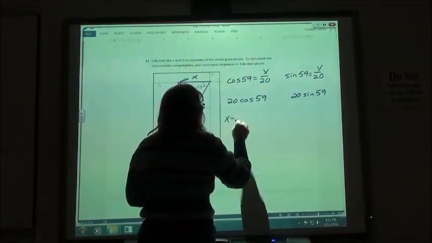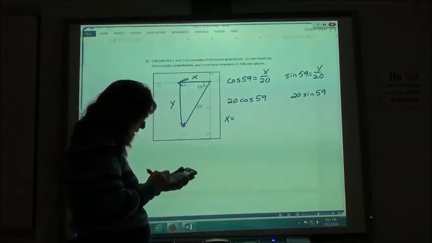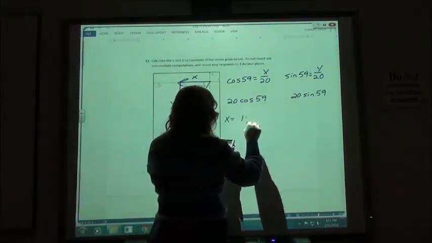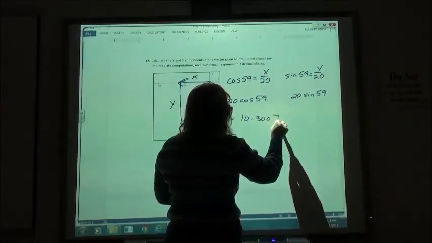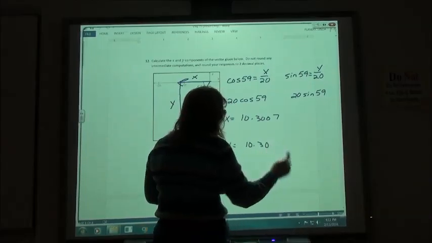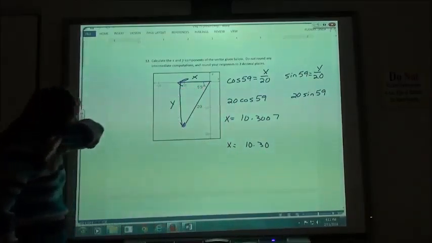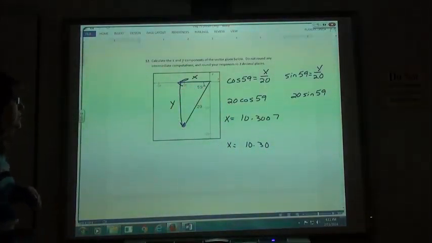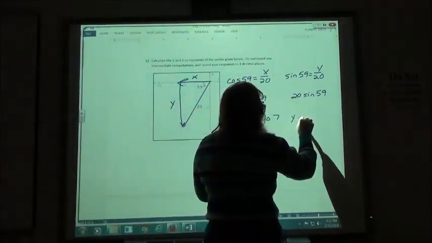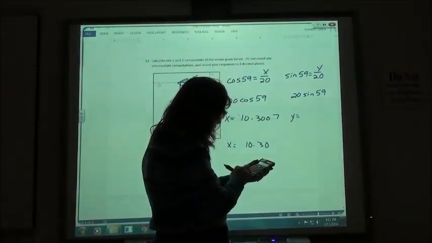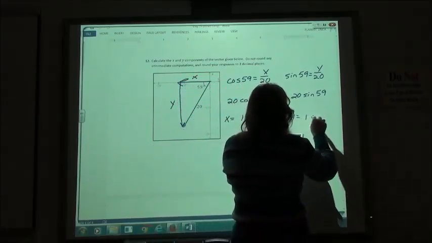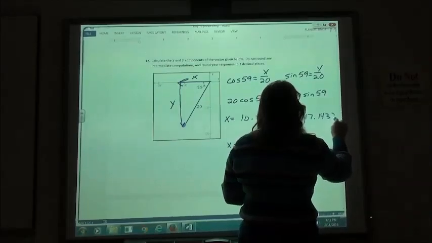So for x, 20 times the cosine of 59 gives me 10.3007, so 10.30, rounding that off to 2 decimal places. Y is going to be 20 times the sine of 59, 17.1433.